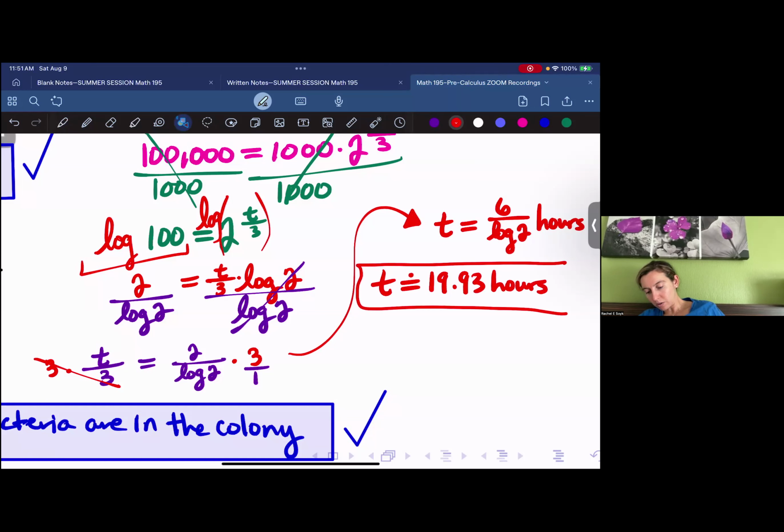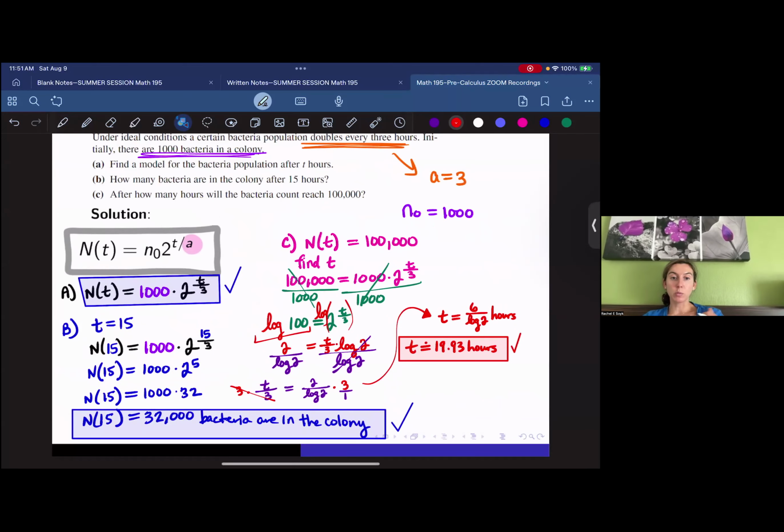Right? And so what does that tell us? That tells us a little less than 20 hours, and we will reach that 100,000 in bacteria, which logically makes sense, right? Because 15 hours in, we're at 32,000. And the way exponential functions work is they continue to shoot up to a crazy number.